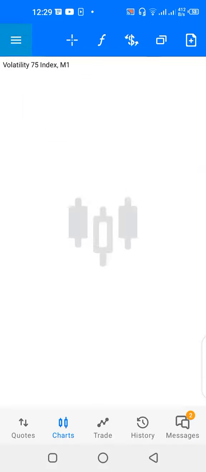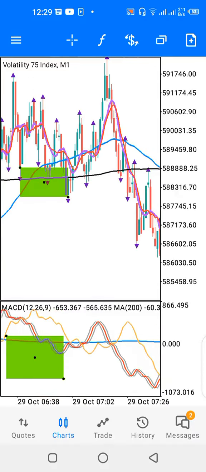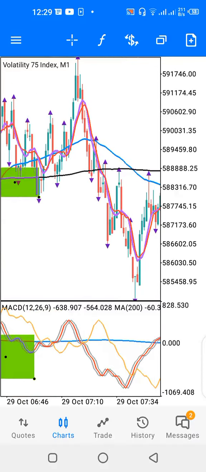So how does this work? How can you use the indicators on the main chart? It's very simple.